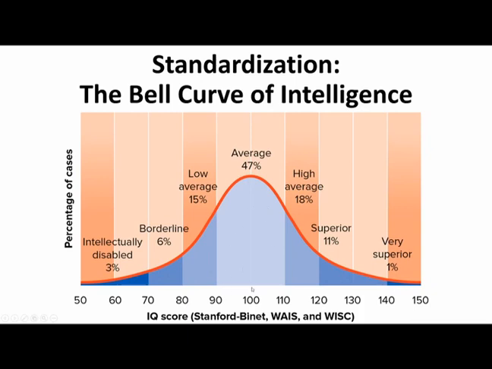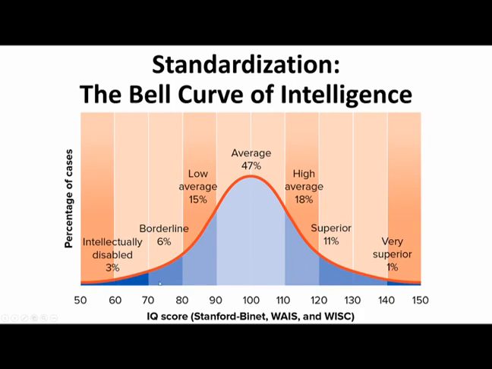And with the way that this one here is labeled, we see that in this light blue section under the very peak of our curve, about 47%, or almost half of a population, tend to score in the range of average, between a 90 and a 110 IQ score. Then we see about 15% fall from 80 to 90, about 18 similar from 110 to 120, and so on and so forth.